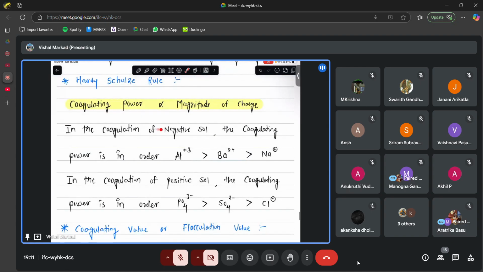So if you have a negative colloid or sol, then which will have more coagulating power? Obviously Al3+ because it has more charge. Negative colloids mean negatively charged particles in continuous random movement. If we add something with more positive charge, it will help settle those particles.